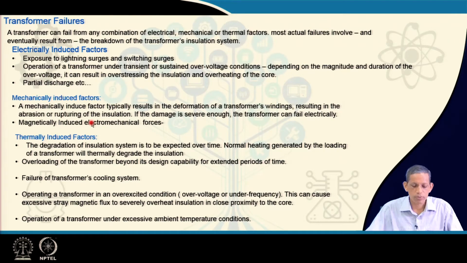Operating the transformer in overexcitation also leads to a large amount of current, magnetic flux linkage issues and core heating. Furthermore, the ambient temperature is another issue from the thermal perspective.